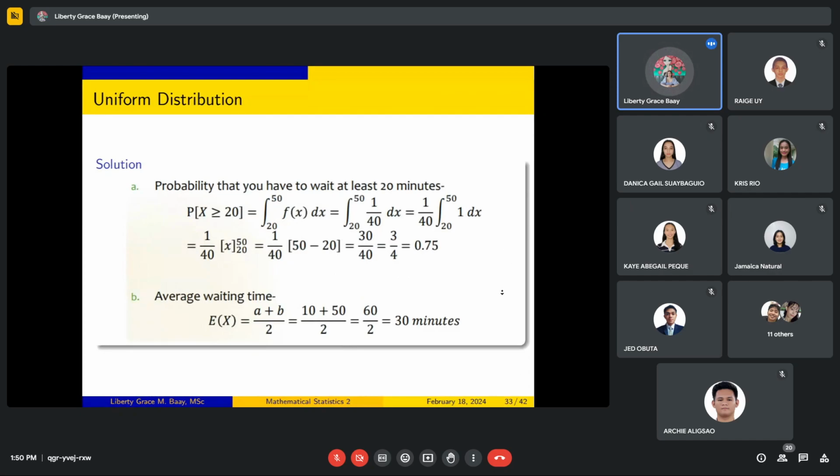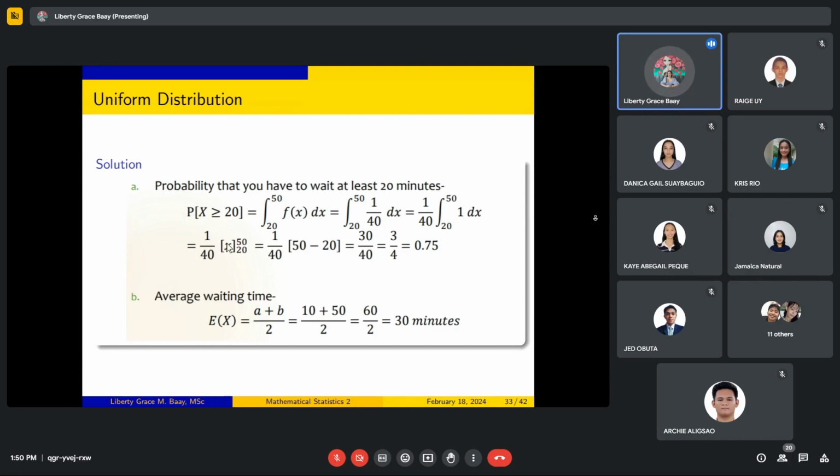So the integral of a constant is 1. So we have 1 over 40, the integral of 1 dx, from 20 to 50. Okay? So the integral of 1 dx is equal to x. So 1 over 40 x, from 20 to 50.